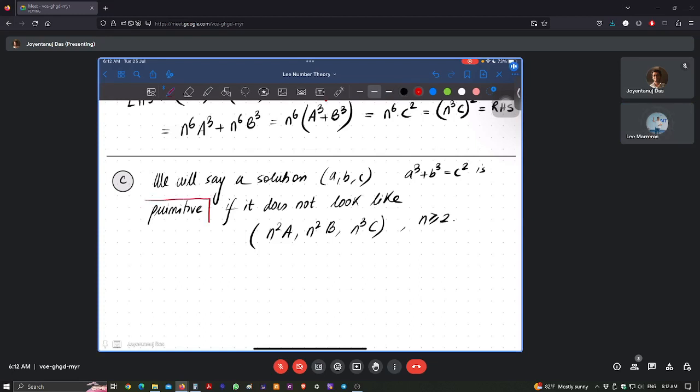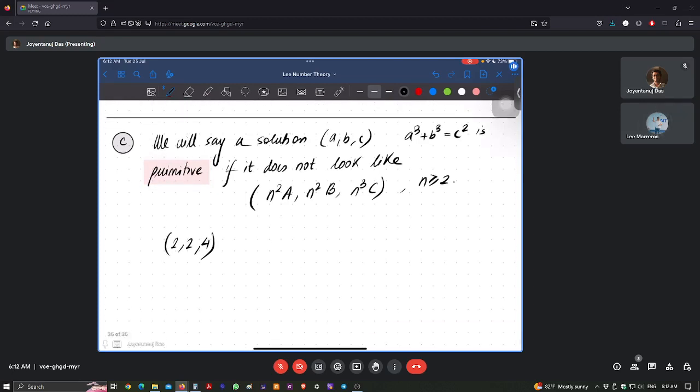For example, if I consider the solution 2, 2, 4, this is a solution, but it is a primitive solution in this definition sense, because you cannot factor out n like this from this solution. N in this case is always 1.